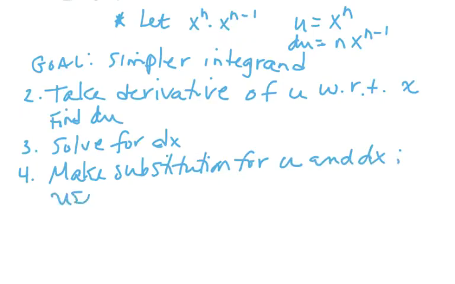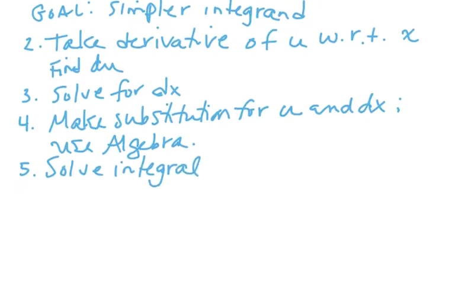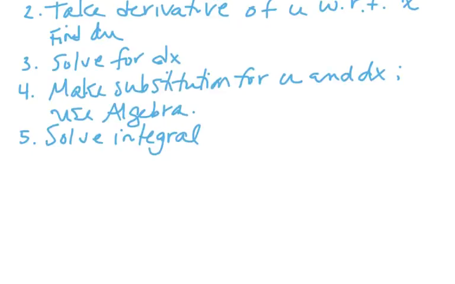Algebra is your friend in calculus. Right? They dance together. So you want to make those substitutions and clean it up. Then solve the integral. Take the antiderivative, in other words. So solve the integral. And then lastly, you want to substitute back.